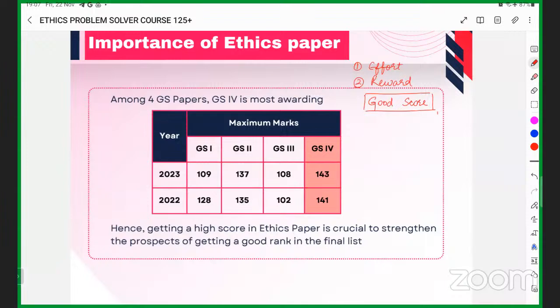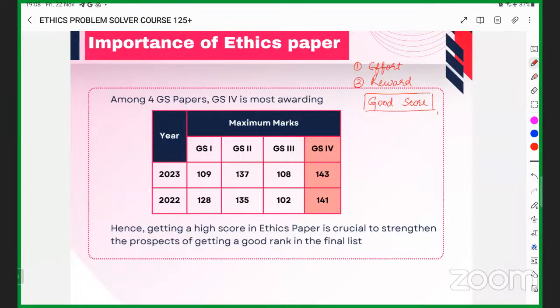Say history is divided into ancient history, medieval, modern, world history, and post independence. And once you do all these things, at the end of the day, what is its weightage? 50 to 60 marks. Similarly, for geography, you have to cover a very large portion, whose weightage eventually is 100 to 120 marks.